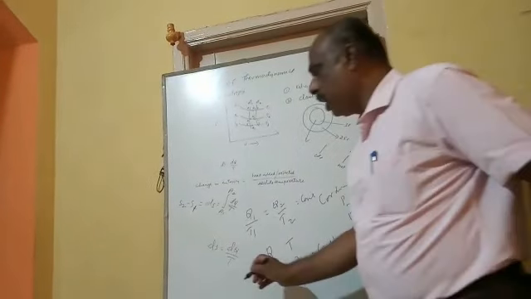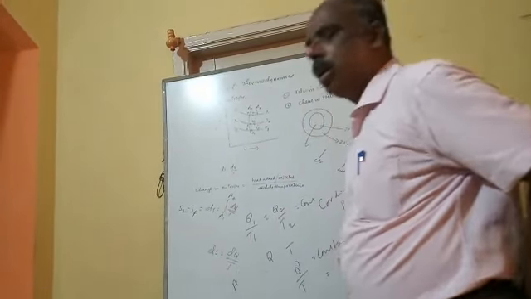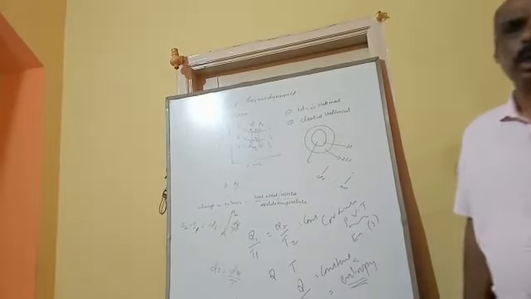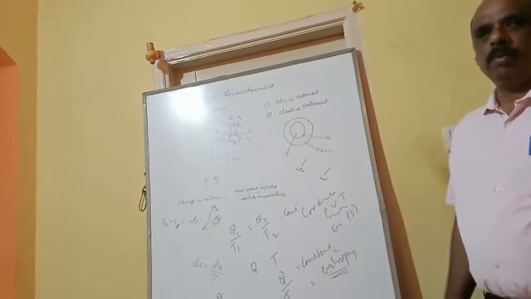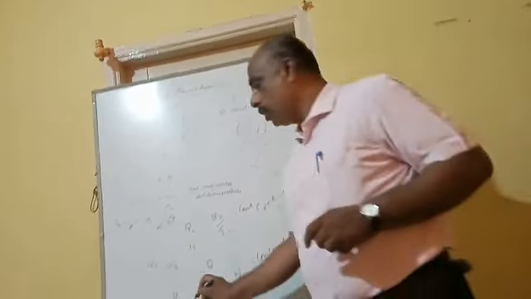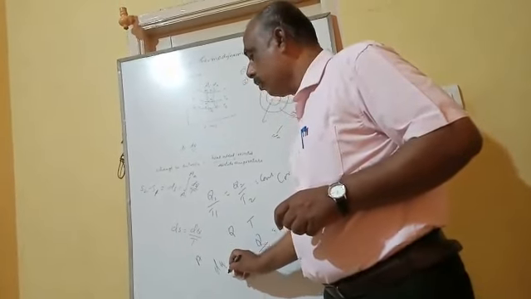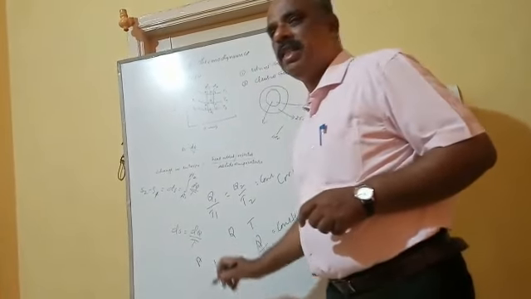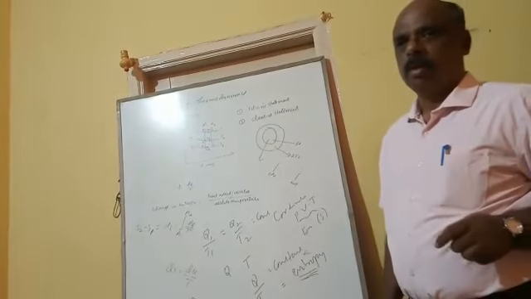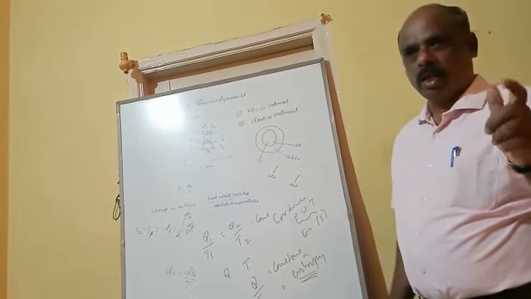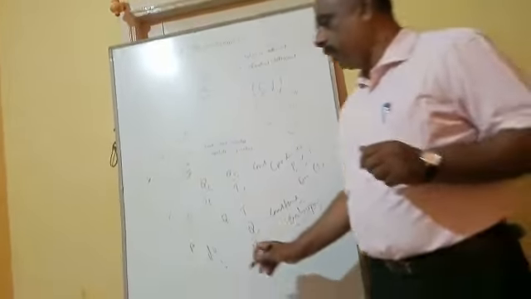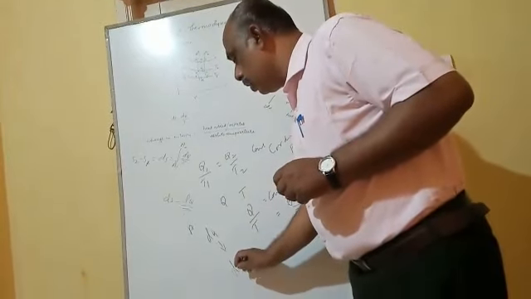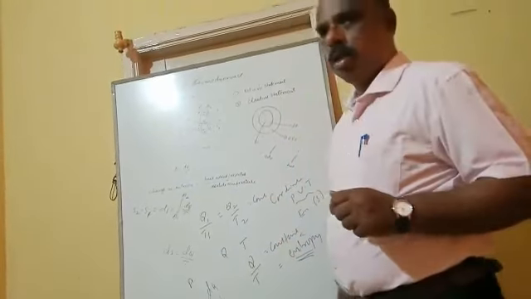For example, if you take an adiabatic process, I told that in an adiabatic process no heat is given to the system or rejected from the system, but temperature will never remain constant. So in this case, dQ is equal to 0.